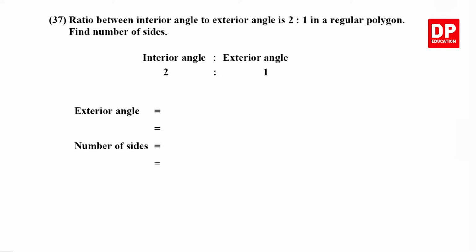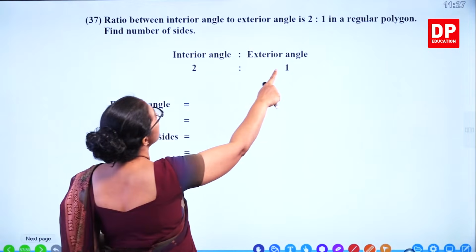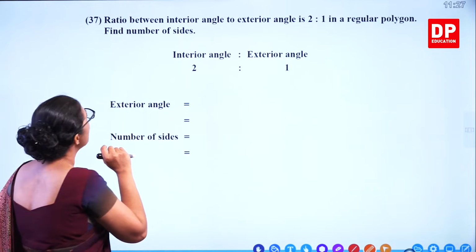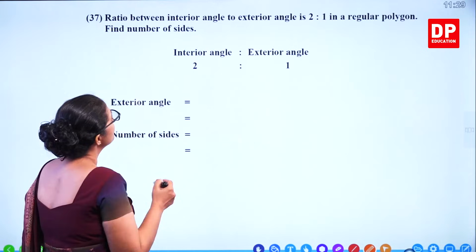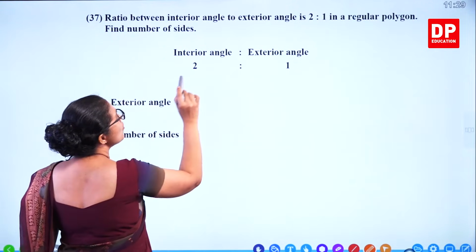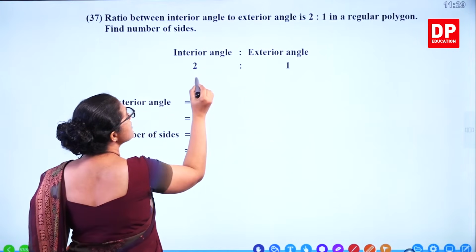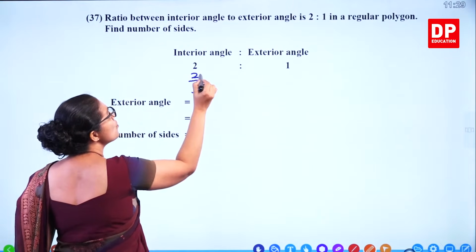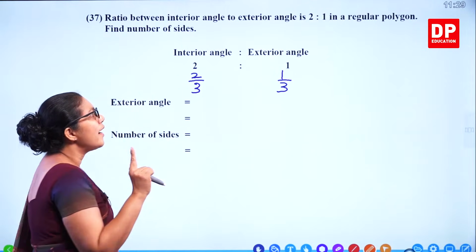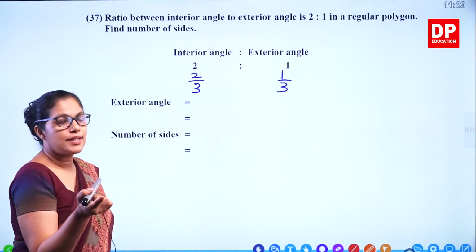The ratio between interior angle to exterior angle is 2 to 1. So interior to exterior, 2 to 1. In a regular polygon, find the number of sides. So this ratio is 2 to 1, interior to exterior. So altogether 3 parts. Out of 3 parts, this is 2. Out of 3 parts, this is 1. So here, the exterior angle is 1/3.